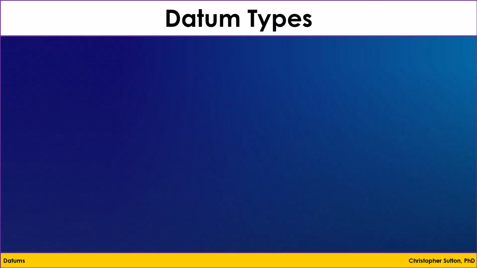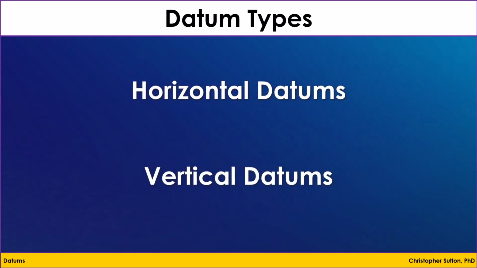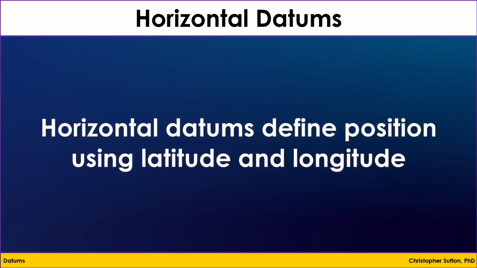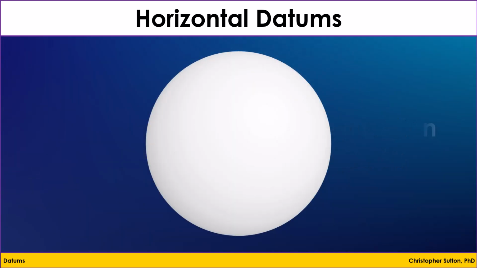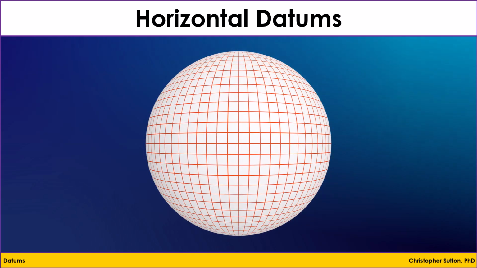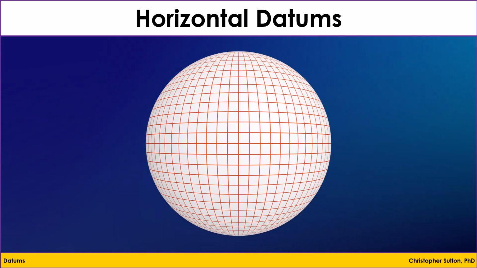There are two main types of datums: horizontal datums and vertical datums. Horizontal datums are used to locate positions on Earth's surface in terms of latitude and longitude. Think of a horizontal datum as a grid drawn on a reference ellipsoid, which allows you to specify location.